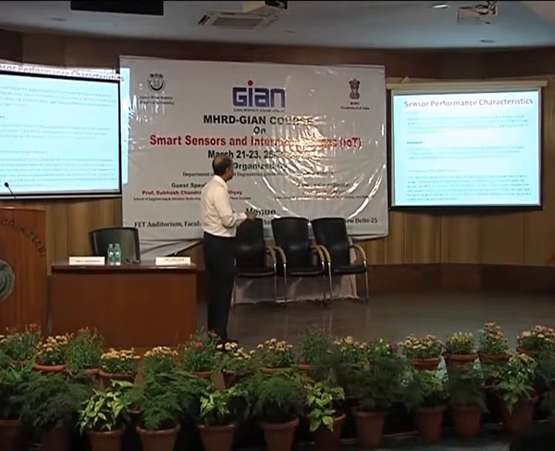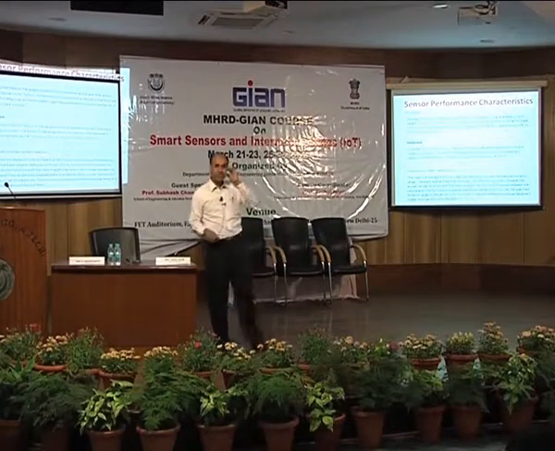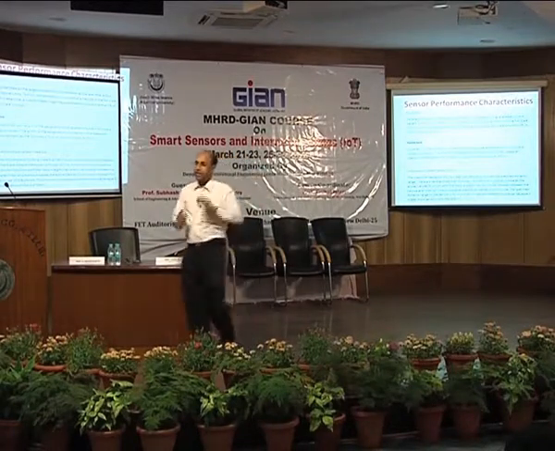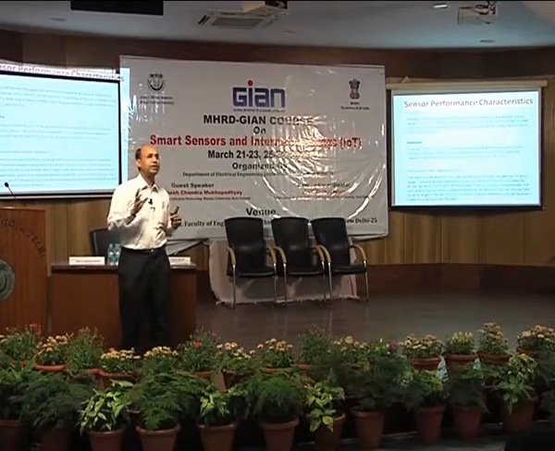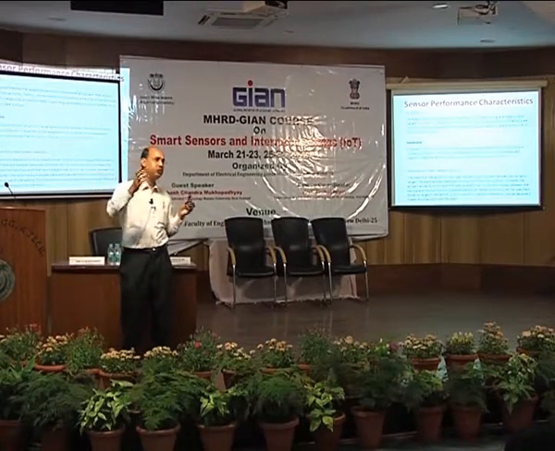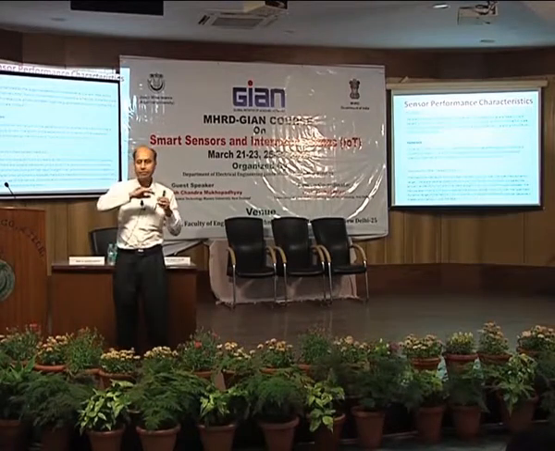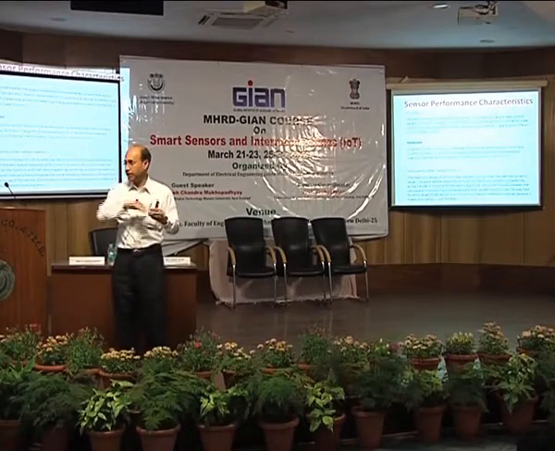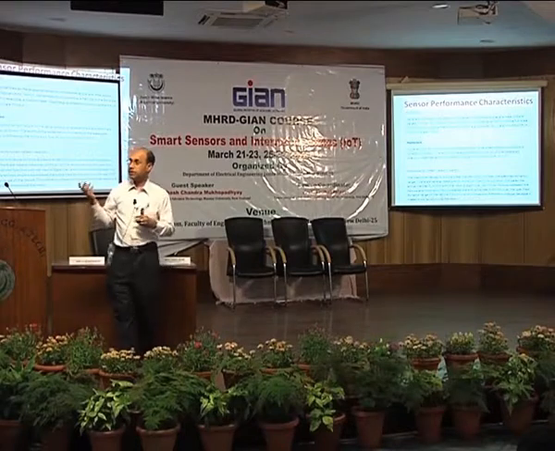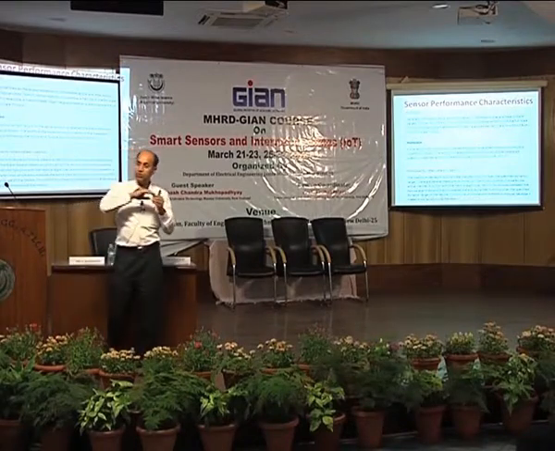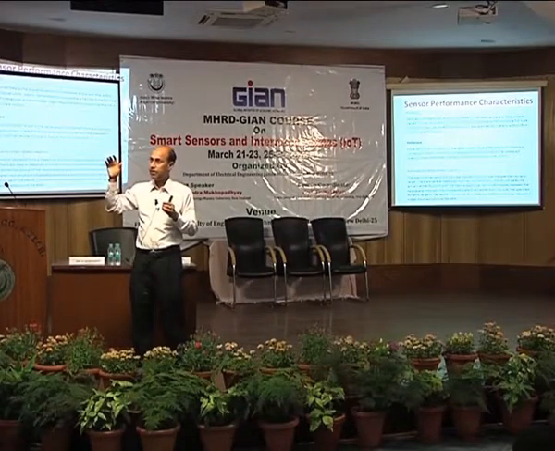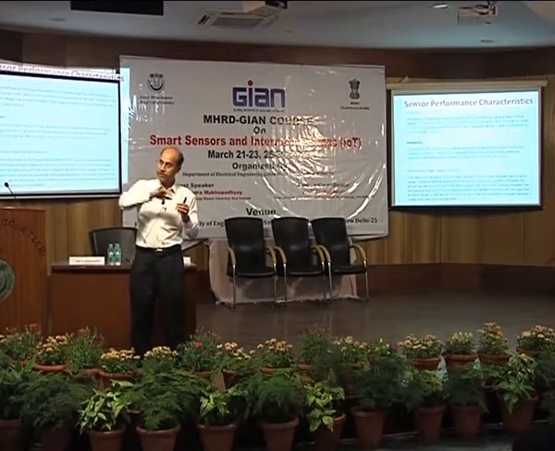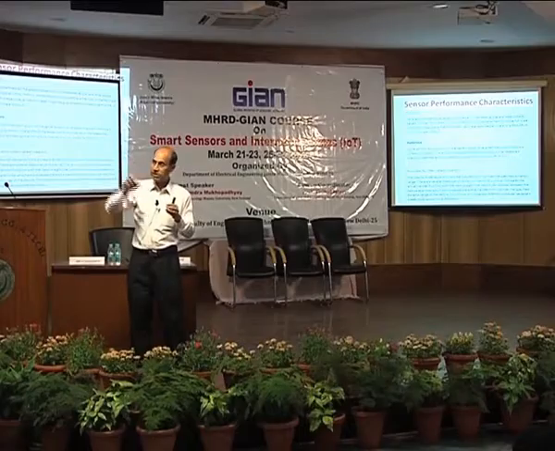Another thing related to sensors is hysteresis, which may not be so important but is also required. Suppose the system is dynamic, increasing and then decreasing. Hysteresis is the path we define when the input is increasing and then decreasing, whether it follows the same path.